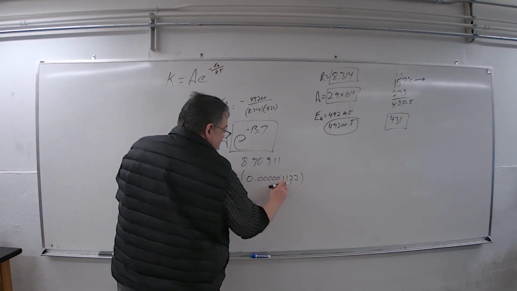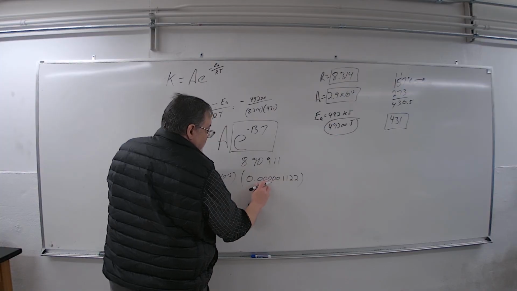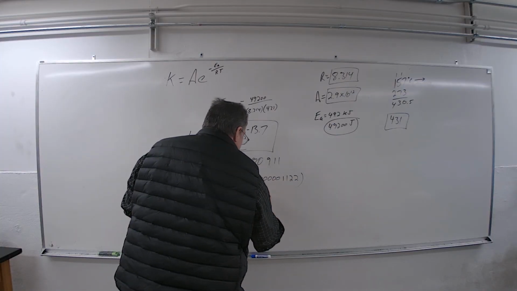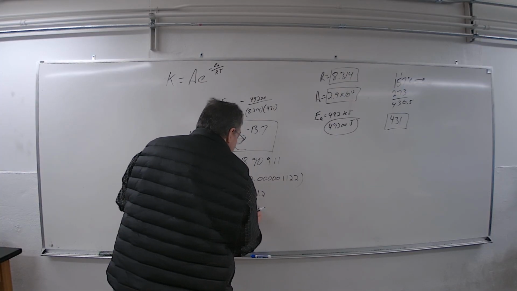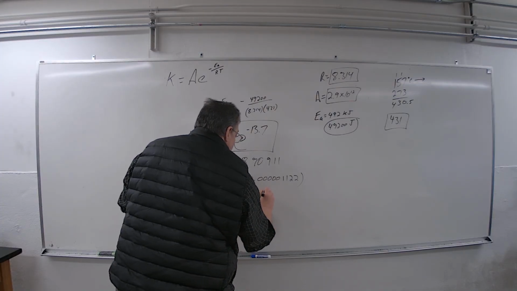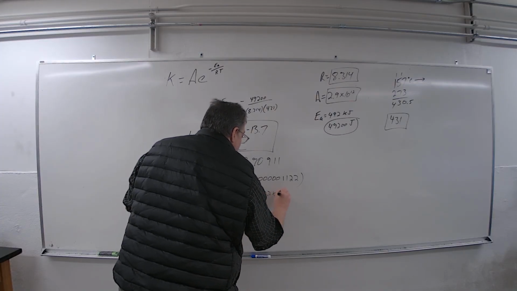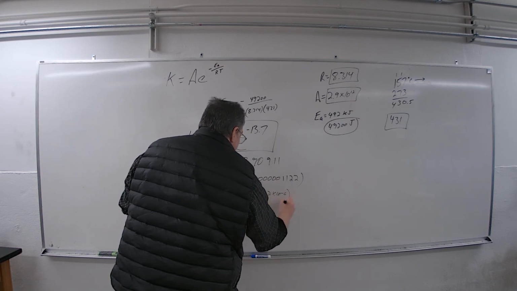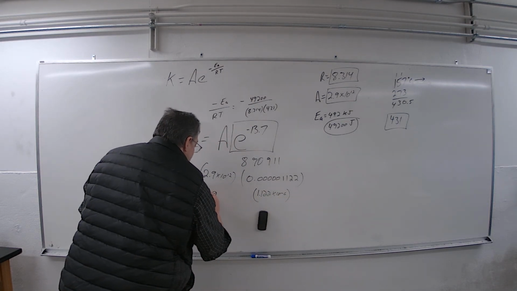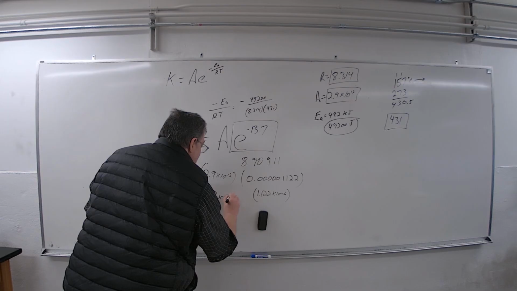So let me do this. 1, 2, 3, 4, 5, 6. So I've got that. 2.9 times 10 to the 12.